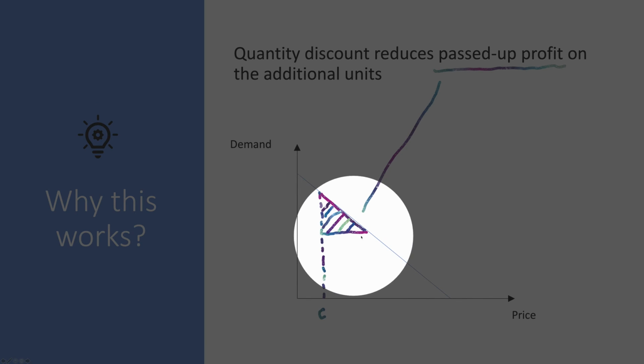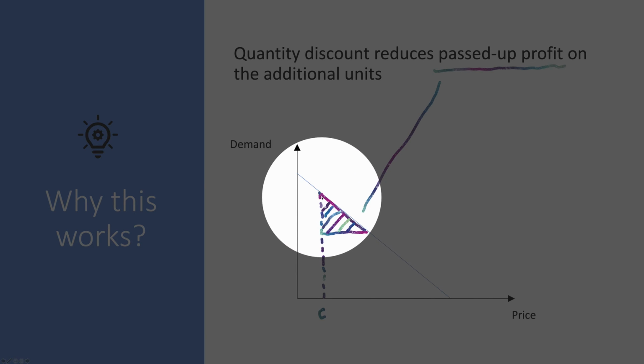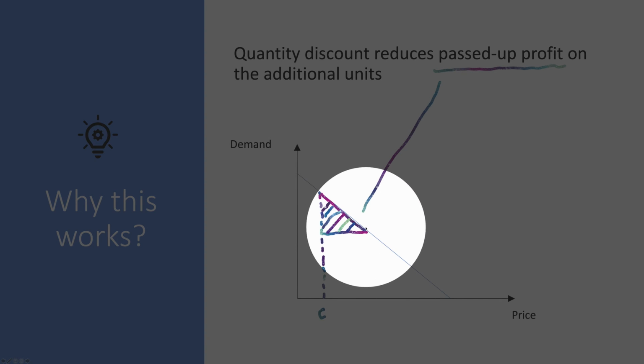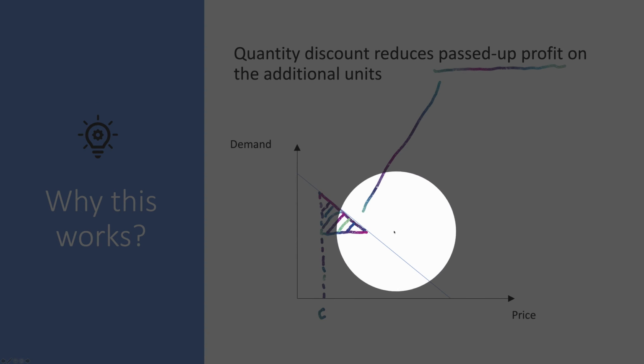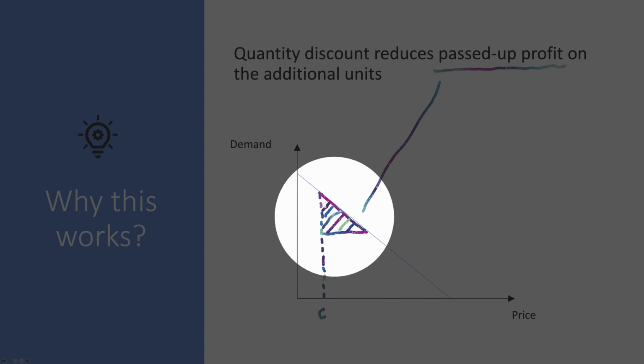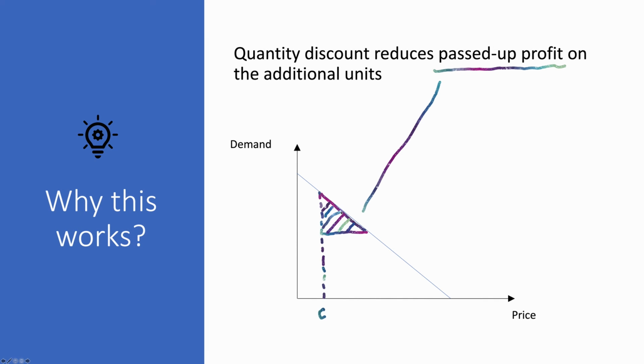And this part is where customers' willingness to pay is low. If we charge a price too high above, then these customers are not going to buy. That is, quantity discount allows companies to take care of low willingness to pay demand so that the passed-up profit becomes actual sales and companies can gain additional profit from it.